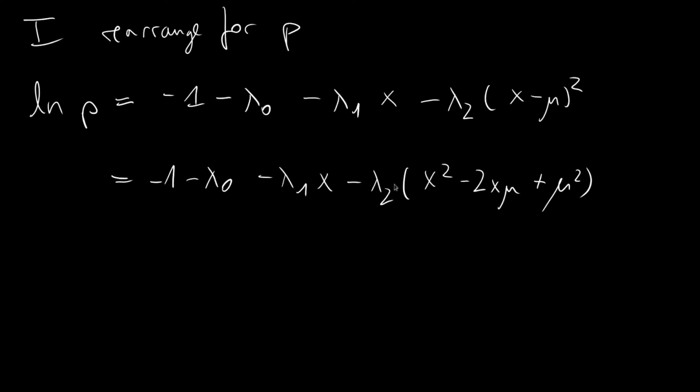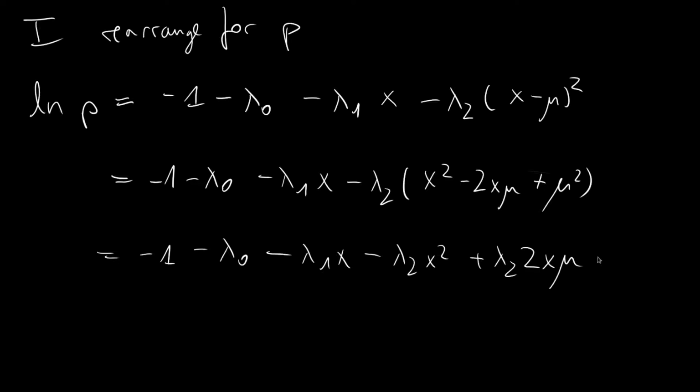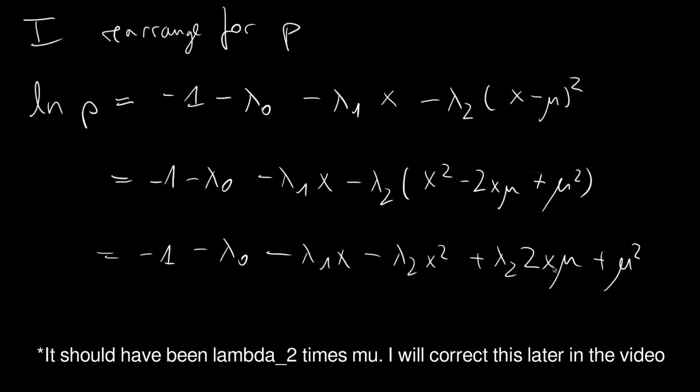Then we can multiply lambda 2 with whatever is inside the bracket, and we're getting -1 minus lambda 0 minus lambda 1 x minus lambda 2 x squared plus lambda 2 2 x mu minus lambda 2 mu squared. Or maybe let me rearrange this to be lambda 2 mu x. And of course, this should be a minus here.